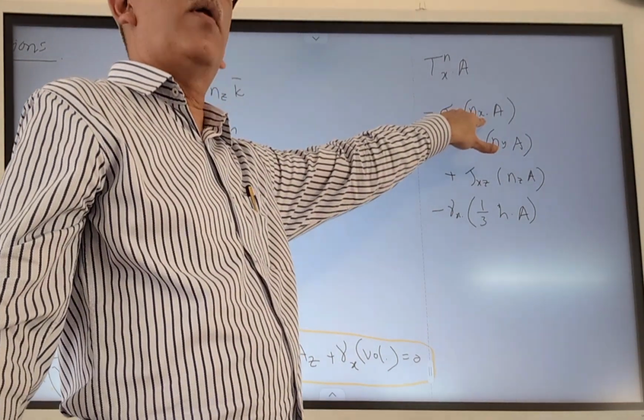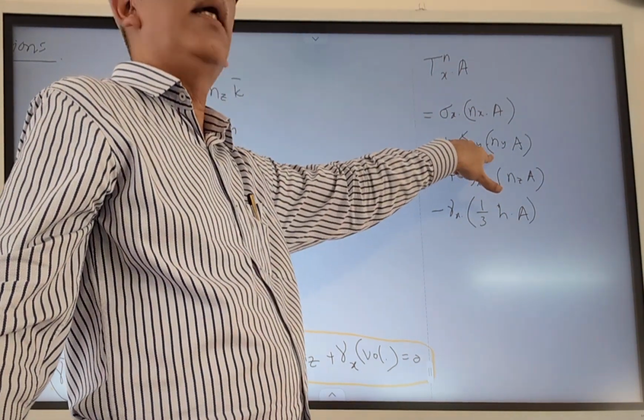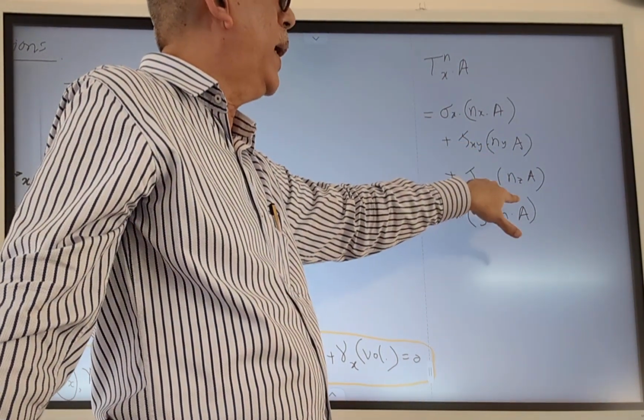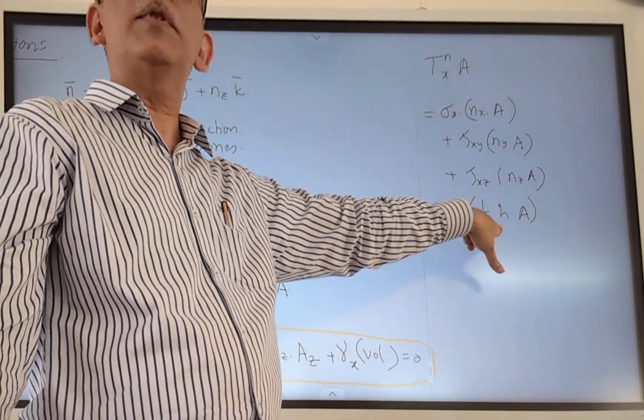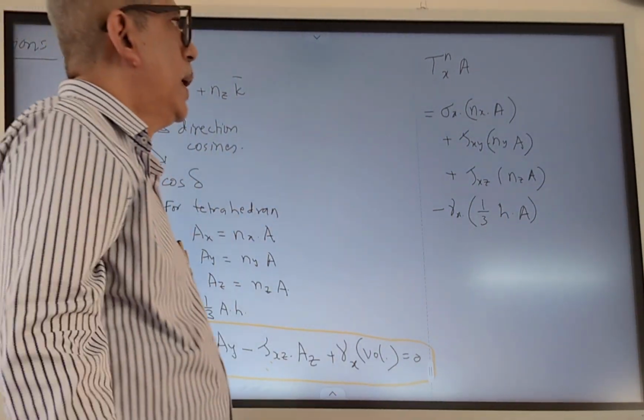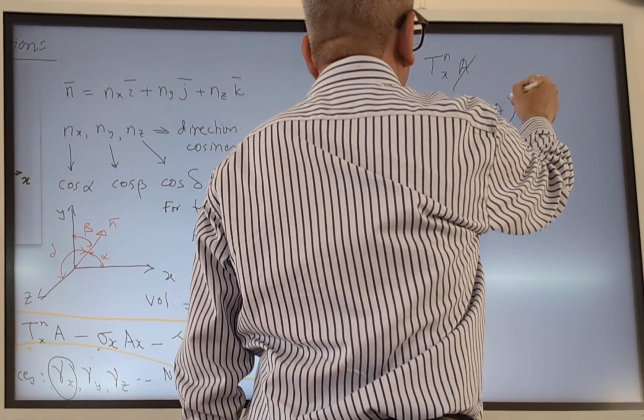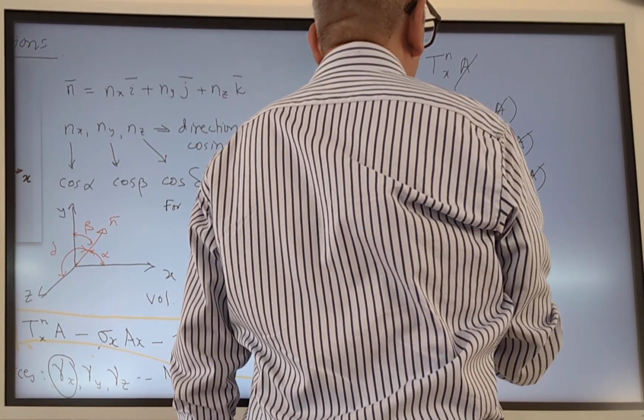So Ax becomes nx into A, Ay becomes ny into A, and Az becomes nz into A, and the volume becomes as given here. As you can see, the A gets cancelled from all the sides.